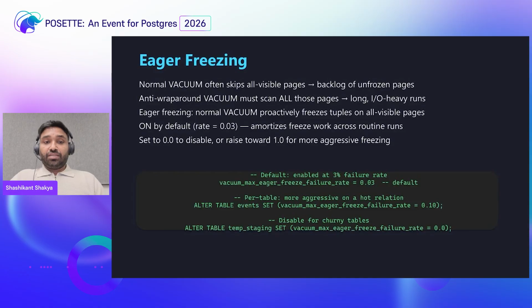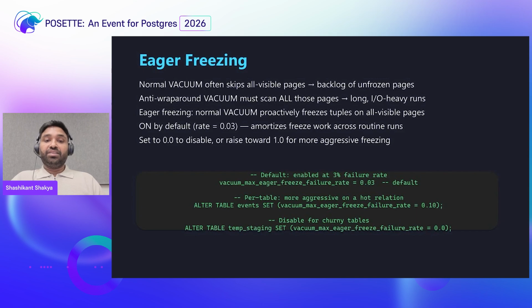With PG18, normal vacuums can now proactively freeze tuples during normal runs. This is controlled by vacuum_max_eager_freeze_failure_rate, which is set to 3% by default.